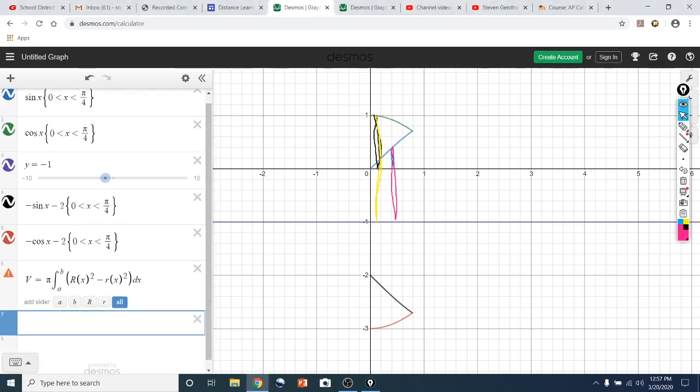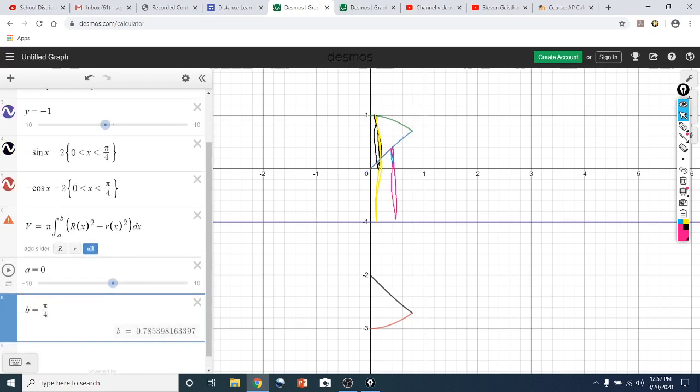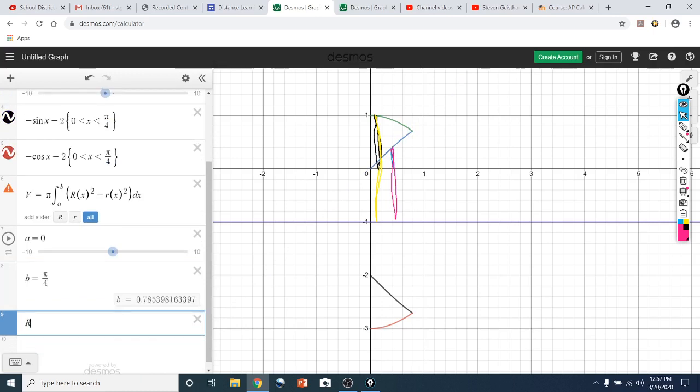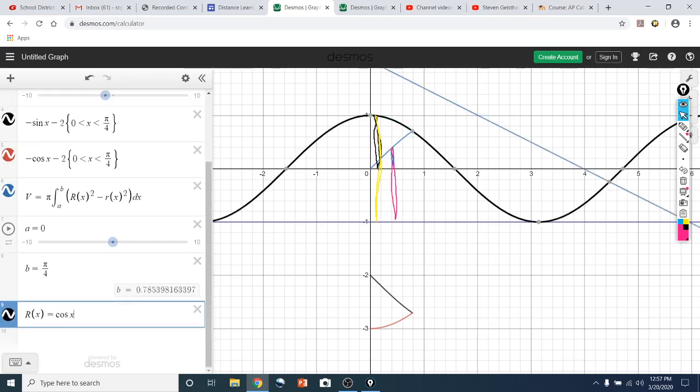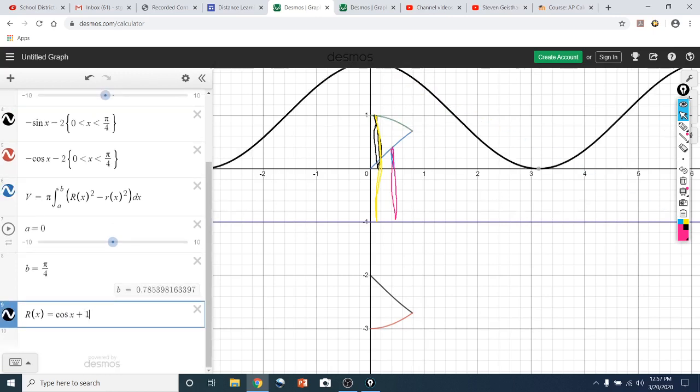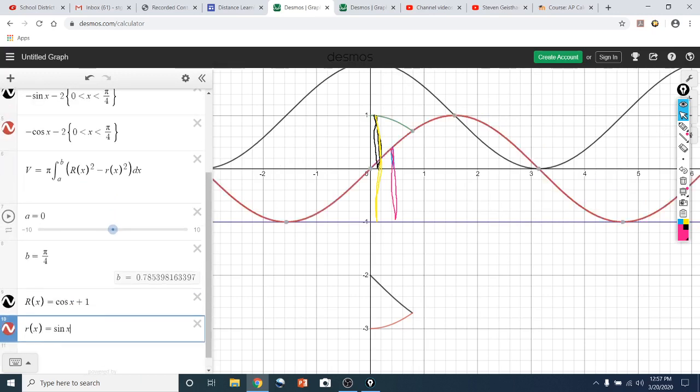So if we go a equals 0, b equals pi over 4, big R is the top, that's the big one, that's cosine plus 1. And then little r will be sine of x.